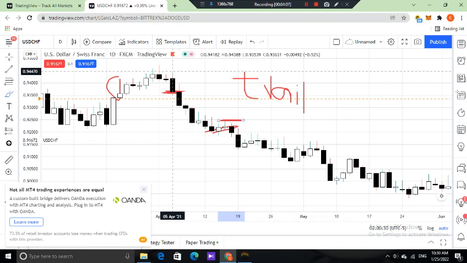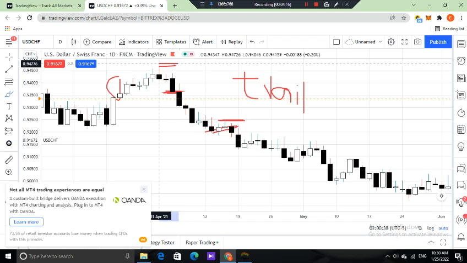So when you take this position, this was your current leg, so you put it above this current leg.